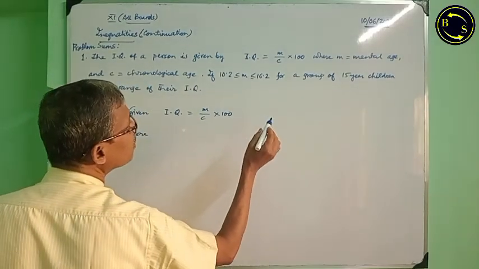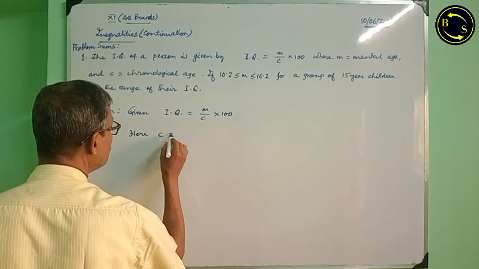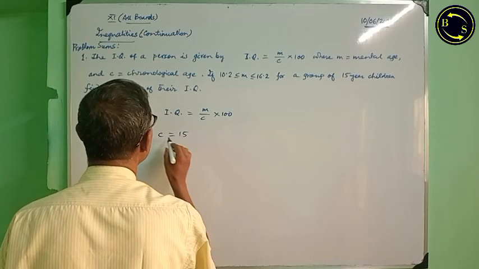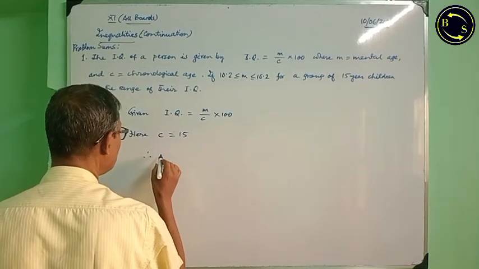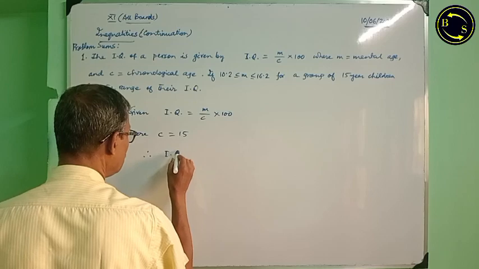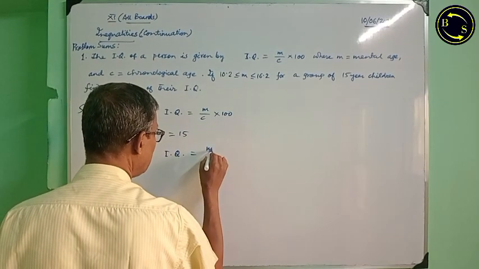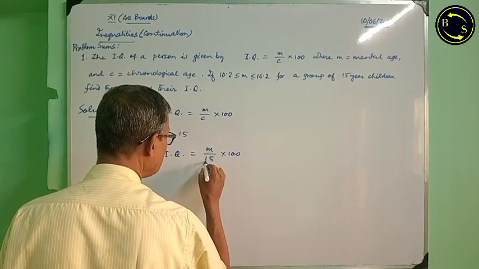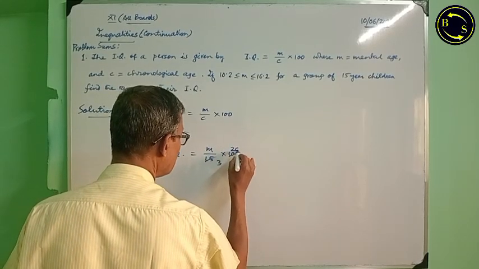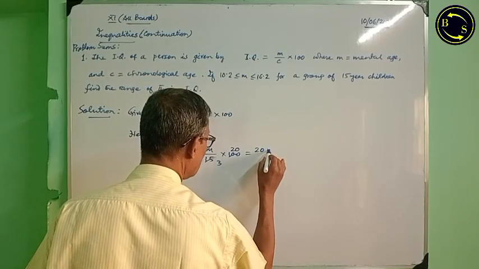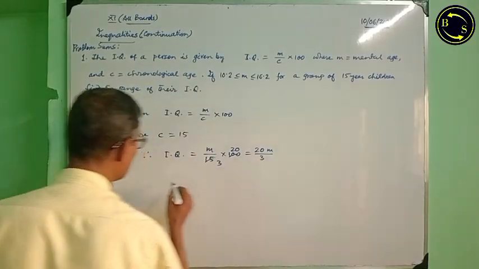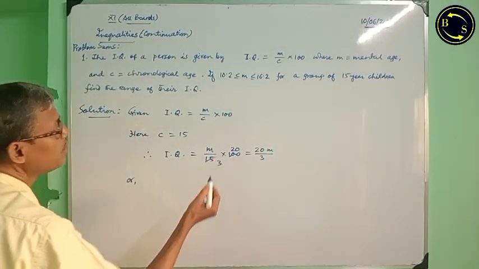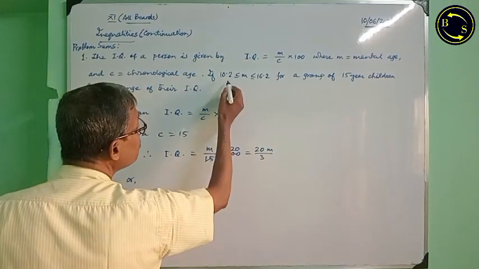15-year group, therefore C equal to 15. Now I put this value here, therefore IQ is equal to M by 15 into 100. We simplify. Now since range of M is given, we shall put the value of M here.